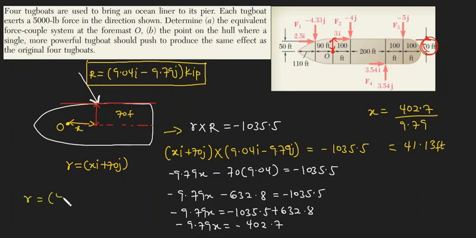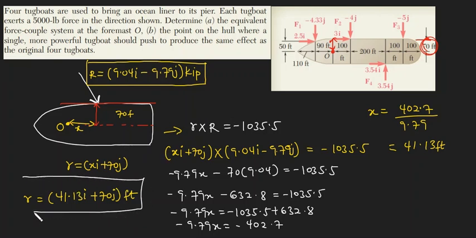That will be 41.13 in the x-axis direction and 70 feet in the y-axis direction. So if we apply that single force at this point on the hull of the ocean liner, then that single tugboat is going to have the same effect that the four tugboats had on the ocean liner.